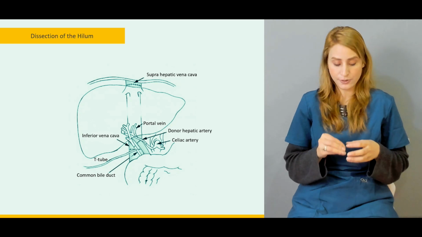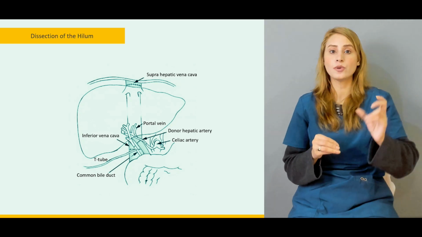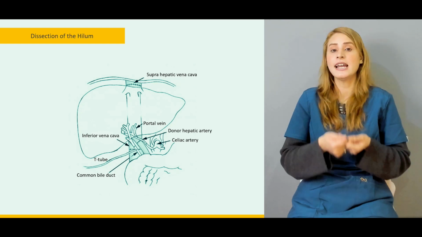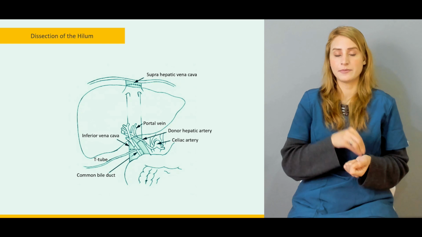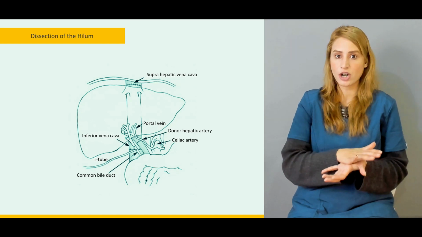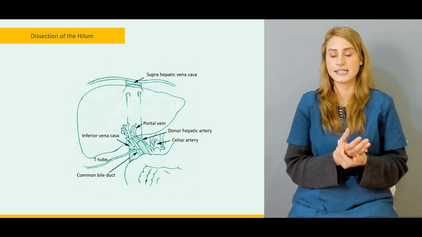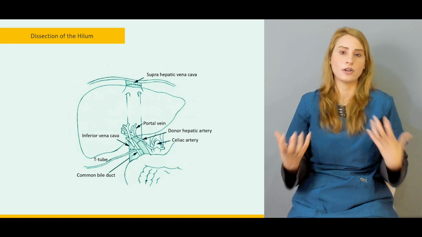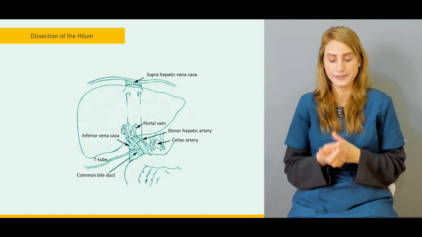So when you do the Pringle maneuver, you can do it with your fingers. You simply press that part in the lesser omentum, in the foramen of Winslow, or you put a non-crushing clamp over that. It's a kind of applying a tourniquet to that part.